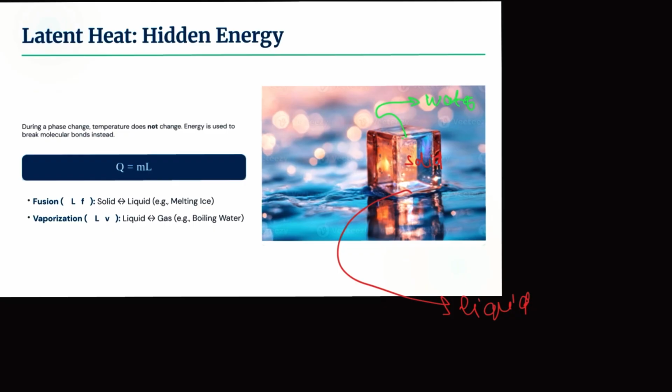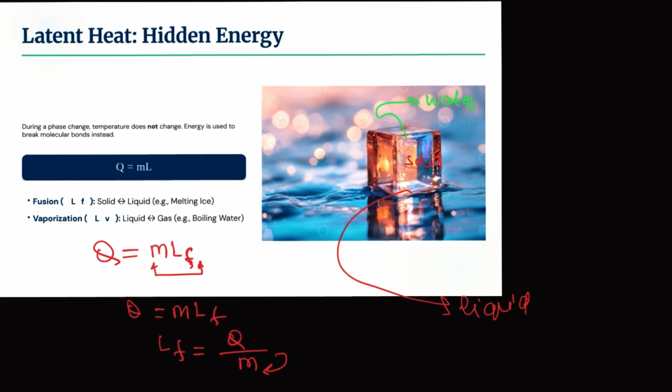Means at the time of state change, whatever heat we supply will convert into energy for that change in state, and we can write mathematically Q is equal to M into LF. In this case LF is called latent heat, hidden heat. So Q divided by M, you can write, and we can define it like that.